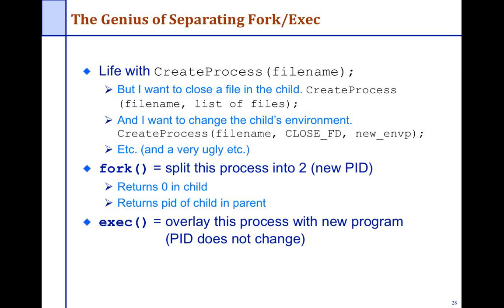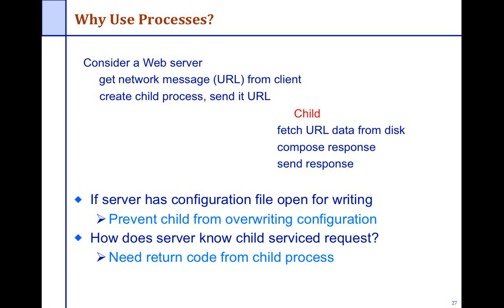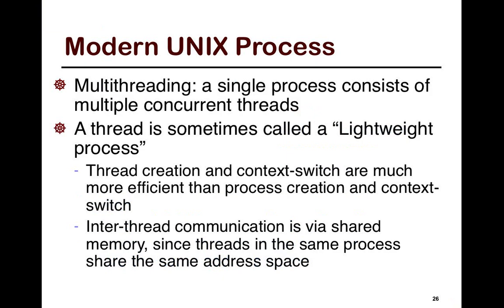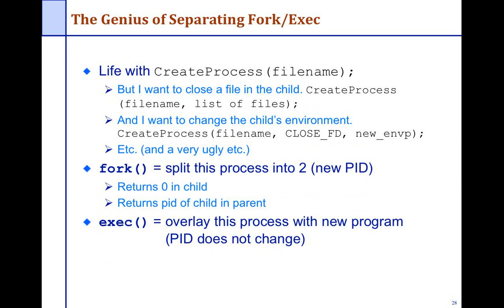Let's say that you want to create a process with a file name, and you want to close the file in the child itself. You also want to change the child's environment. So in this case, I have a create process with the file name, and essentially every single time you'd have to call create process with the file name, the file descriptor itself, and the new environment.